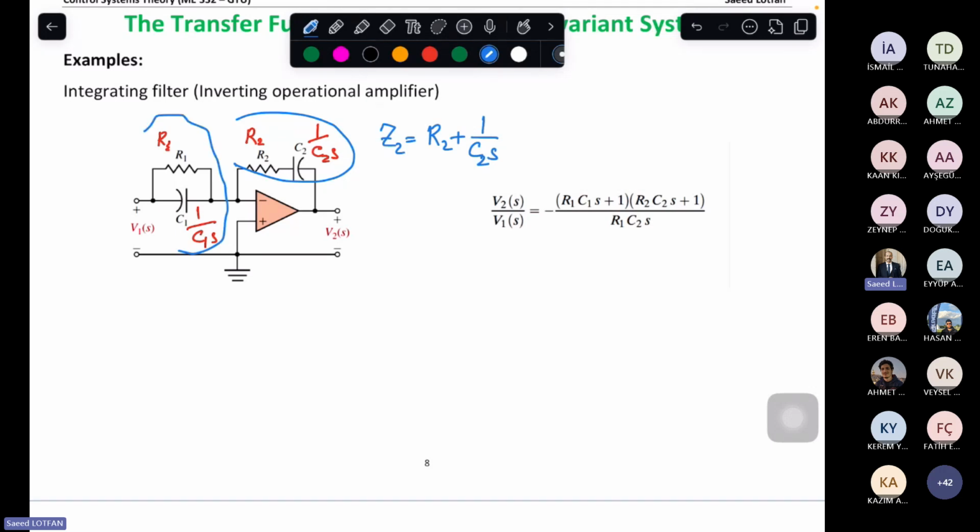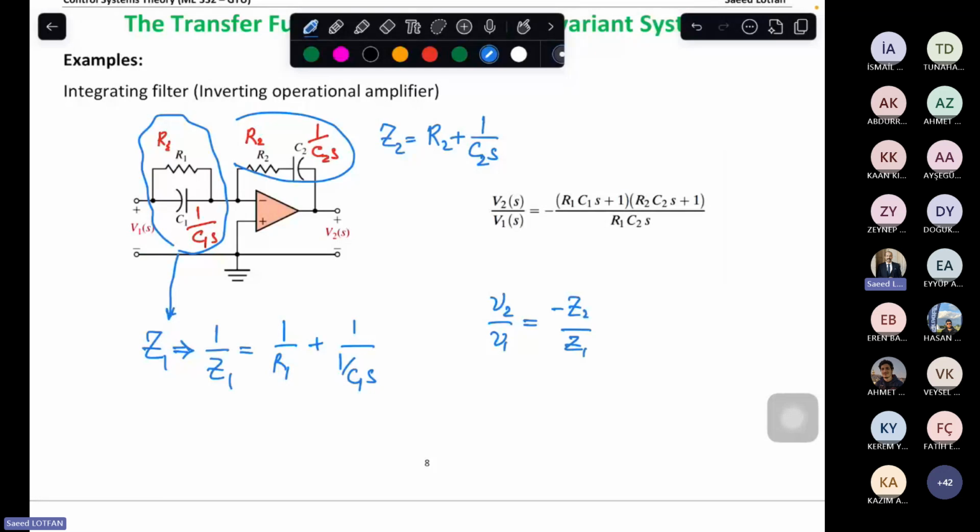And this part is like Z1, which is 1 over Z1 equal to 1 over R1 plus 1 over C1S. And based on these, you can find V2 over V1, the output voltage to the input voltage, as minus Z2 over Z1.